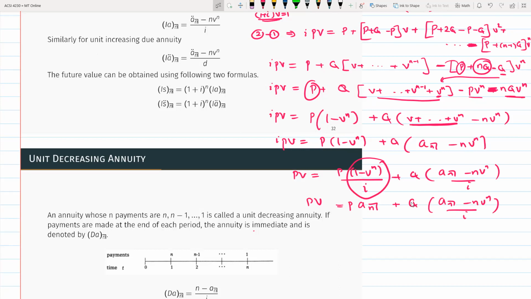So now if I want unit increase, I can set this to be 1. If unit increase, P is 1, Q is 1. Then the formula for present value is this nice one, I an. It's going to be an because P is 1 and Q is also 1.